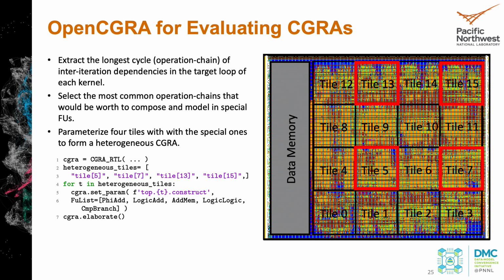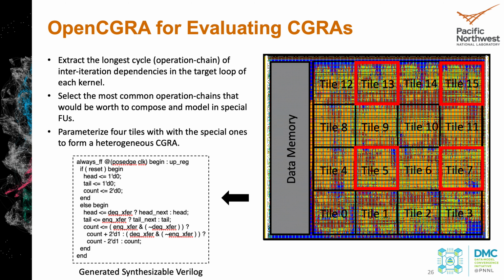So the code shows only a few lines of Python code can help you to specify the functionalities of specific tiles to form a heterogeneous CGRA. And finally, OpenCGRA can generate the corresponding synthesizable Verilog of your target CGRA design.